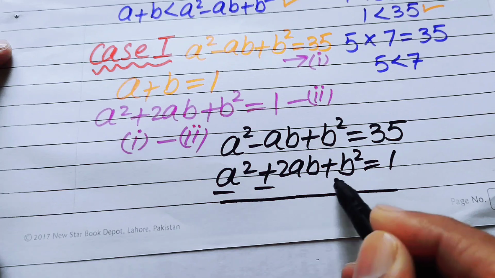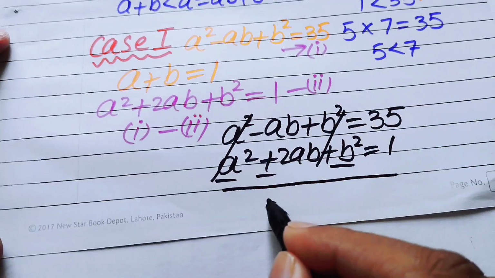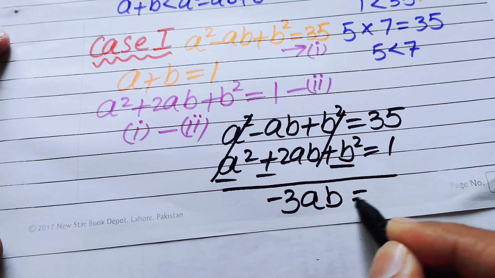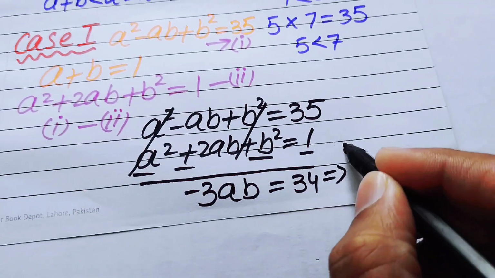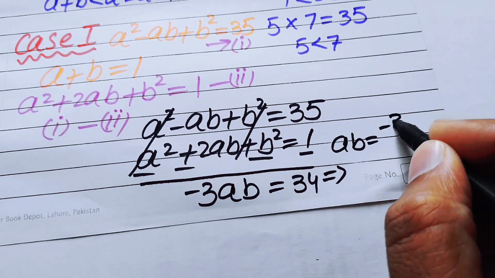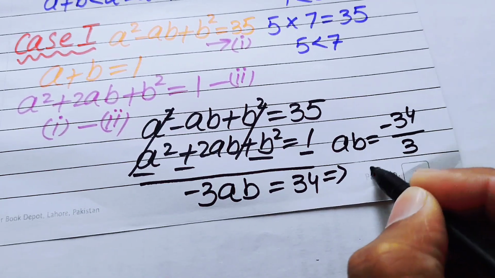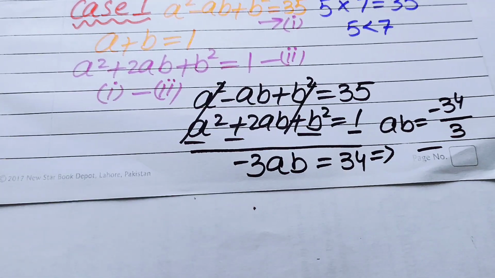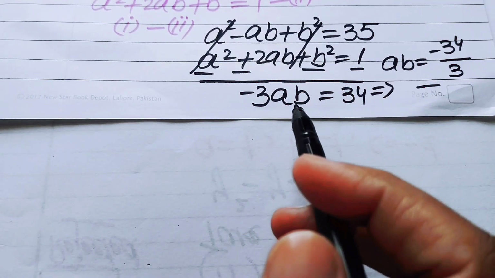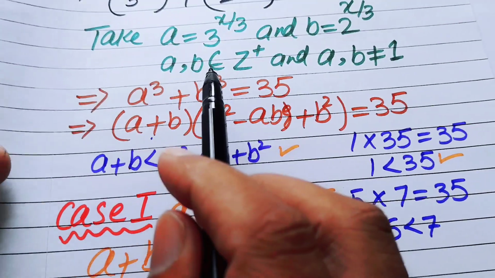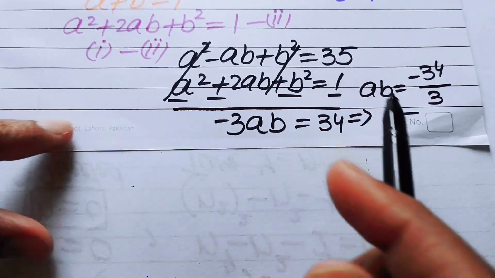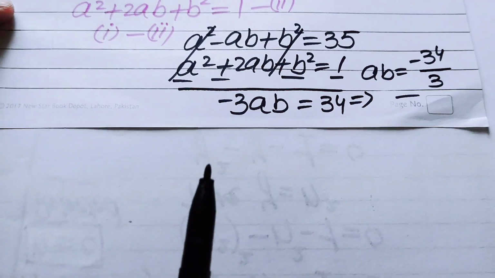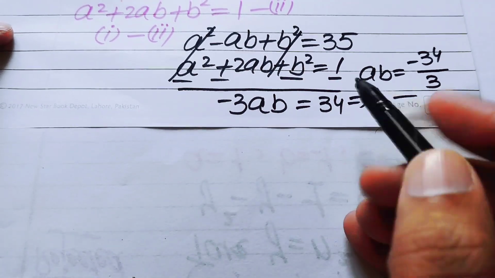Now we subtract these equations and you see that these terms are gone, and you obtain minus 3ab equals 34, so ab equals minus 34 over 3. Remember that a and b are positive integers, but here you would get a negative value, so we reject this case.